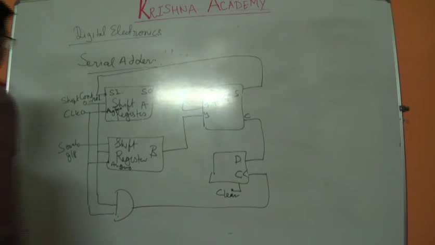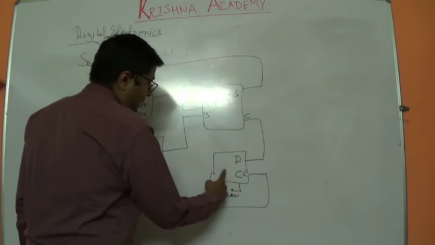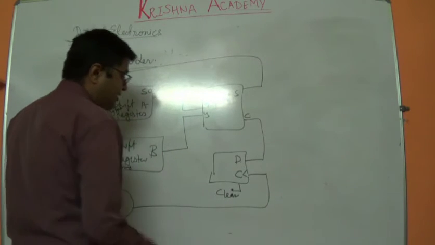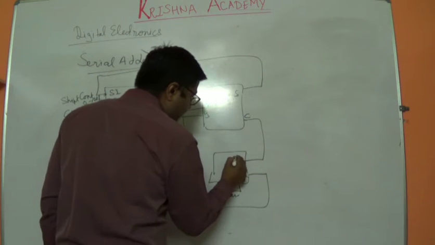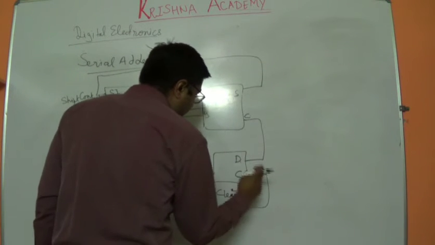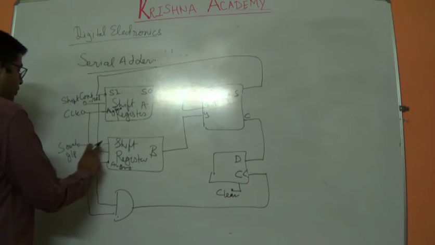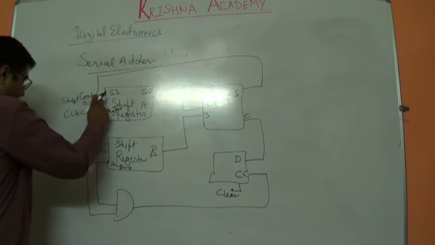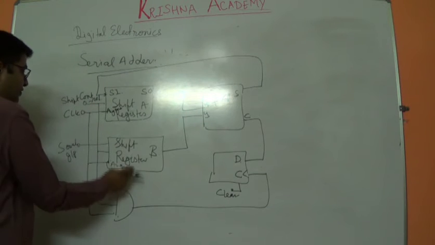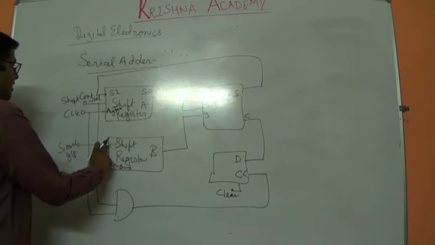We can see in this circuit we use two shift registers, one full adder circuit and one D flip-flop. We have already discussed the functions and functionality of the D flip-flop. There is a serial input provided, and there is a shift control. This shift control is provided to both shift register A as well as shift register B, and this serial input will be provided as the third input.